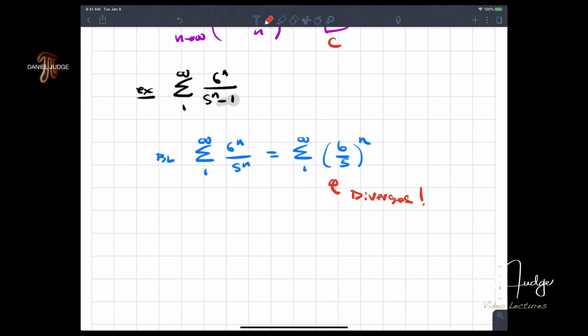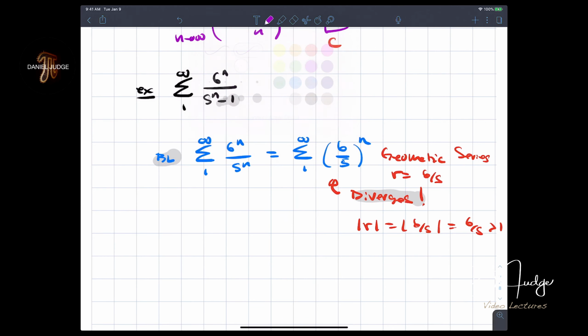This series diverges because it's a geometric series where r is 6 over 5. And the absolute value of r, the absolute value of 6 over 5, which is 6 over 5, is bigger than 1. If you guys remember, when r is bigger than 1, we get divergence. So we know already this is a divergent series. This is the behave-like series.